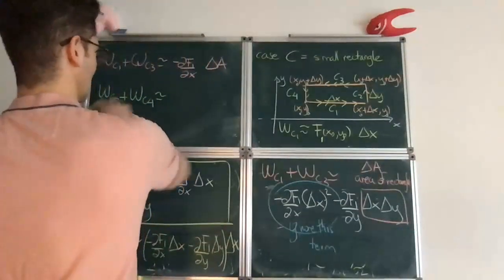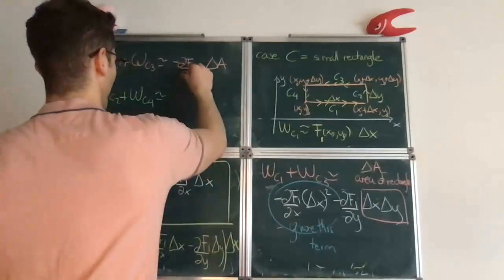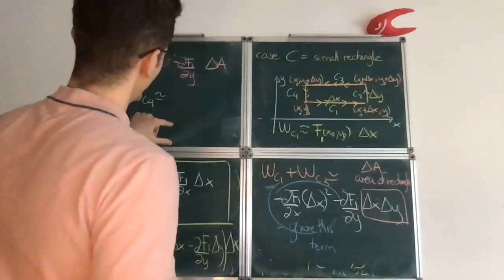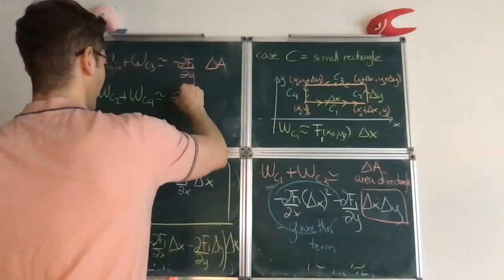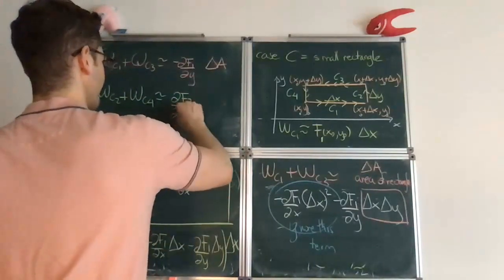That's why it was not looking very good. So good. Now I'm happy. And this can be approximated by the partial of f2 with respect to x delta A.